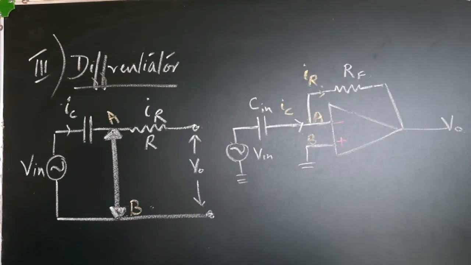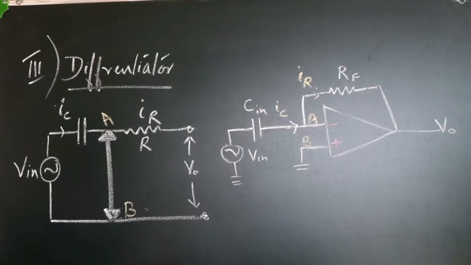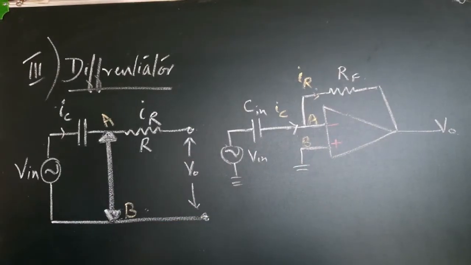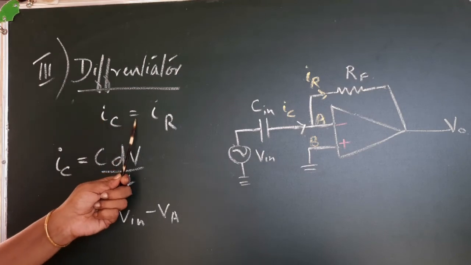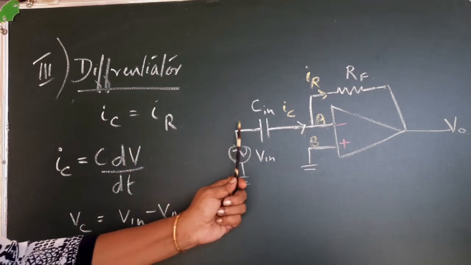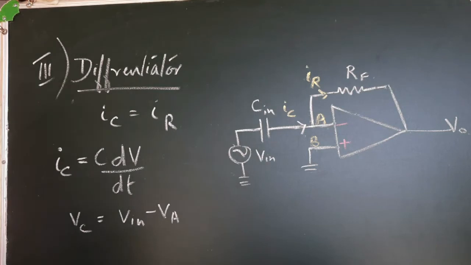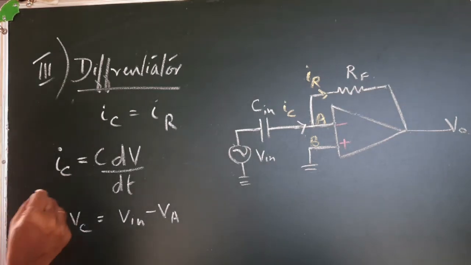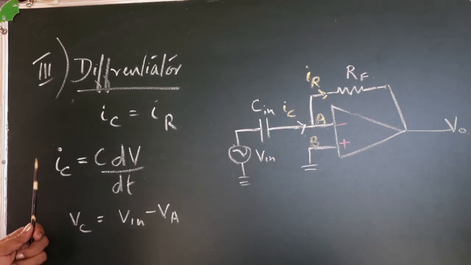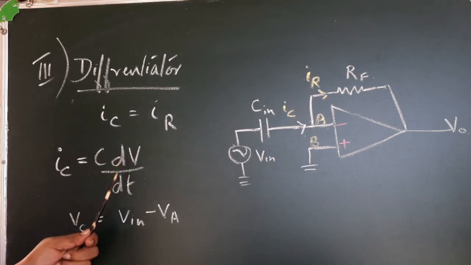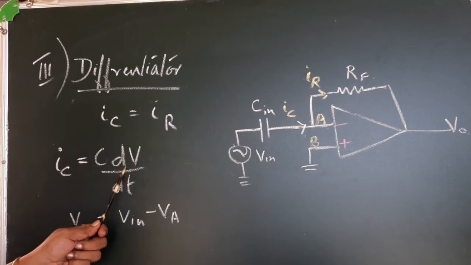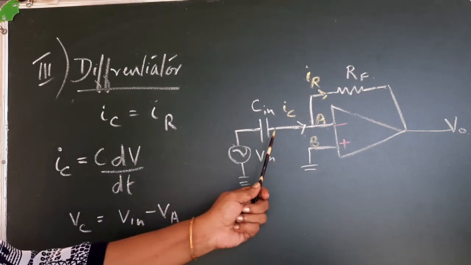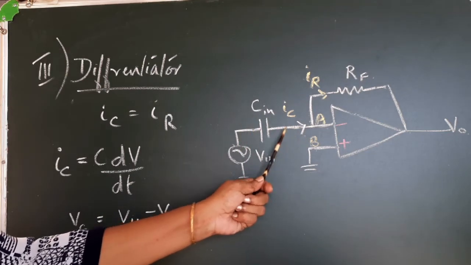Now let us try to evaluate the expression for the output voltage. So we will evaluate IC equals IR. First let us find out what is IC. When we did the integrator, we found that IC is equal to C dV by dt, where V is the voltage across this capacitor. So let us see what is the voltage across this capacitor.